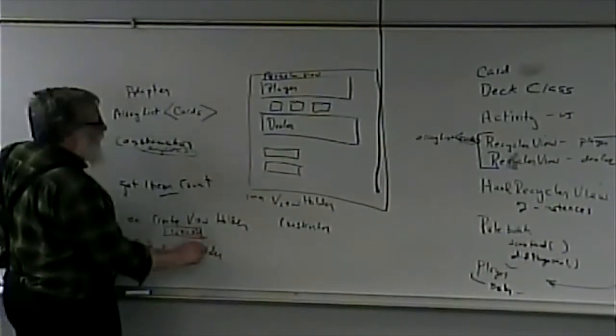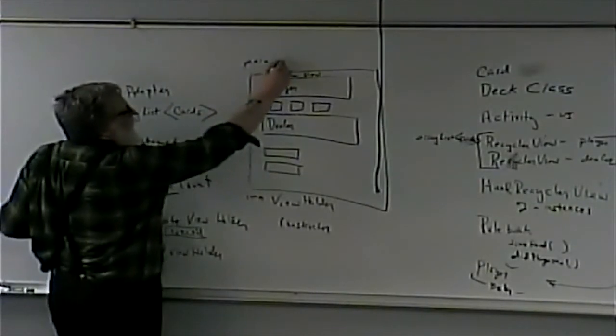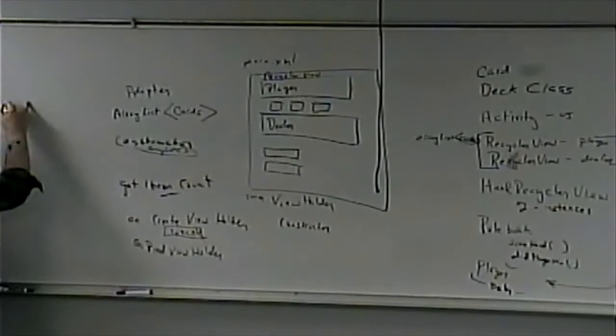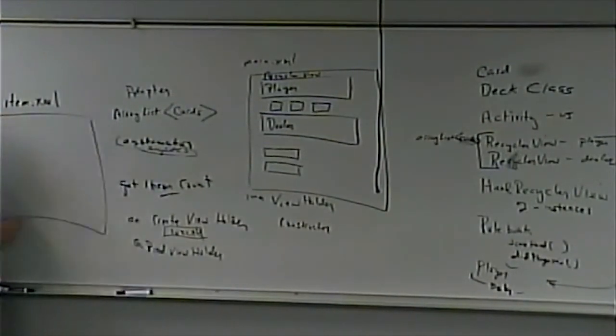Well, remember, this is our main XML, so activity main XML or whatever. We are going to have a second XML that consists of what one item in the recycler view looks like. So what's one item in that recycler view look like?